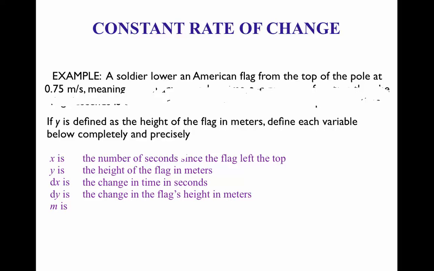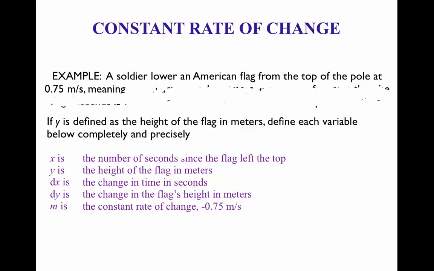What is the value of m? Is it the change in height in seconds, time in seconds? That's right. It's the change in height with respect to an amount of change in seconds. And what is its value? I heard a lot of you say that. You should have picked up that the rate of change here is negative because the height is positive going up, but the flag is going in the opposite direction.